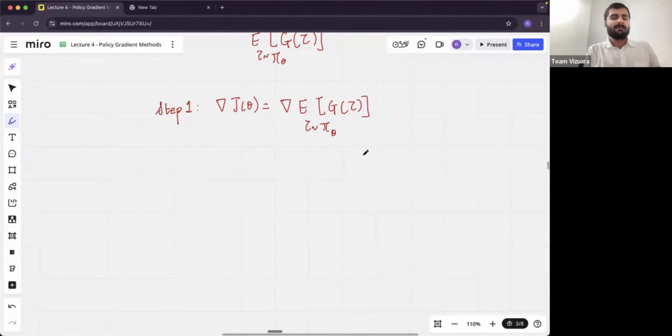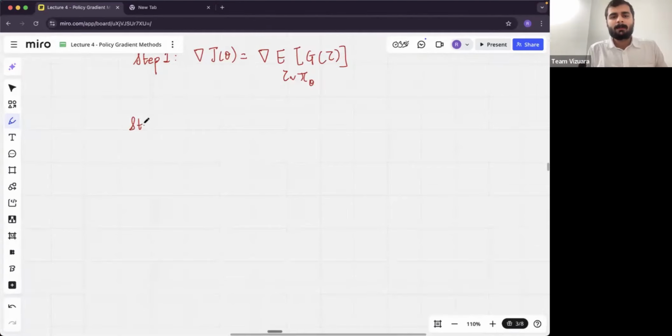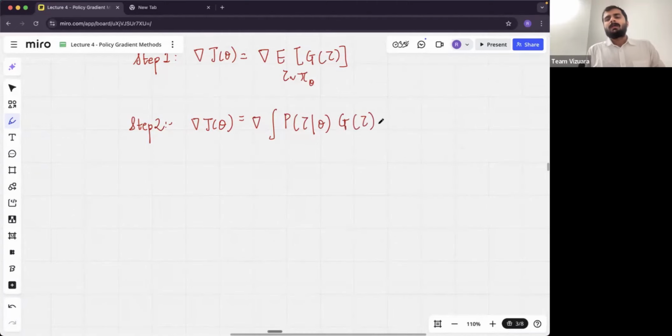Now in step number 2, we are going to expand the expectation. We say that grad of J of theta is equal to grad of the summation of the probability of that trajectory being sampled times the return from the trajectory. This is a standard formula for the expectation of any variable.